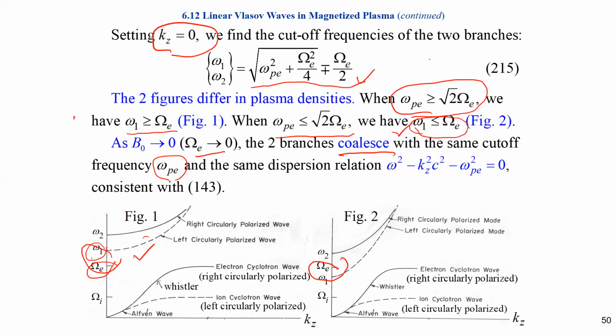So it looks very similar to a waveguide. This plays a role very similar to the cutoff frequency of a waveguide. So its behavior is quite similar to a waveguide, for unmagnetized plasma.